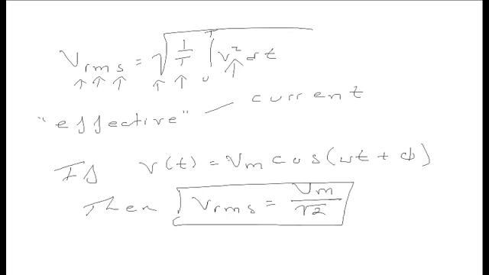Sometimes I might just give you the phasor as follows. What does this mean? Well, I've given you a magnitude, this means angle, and that's the phase.